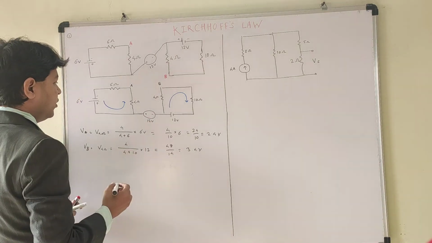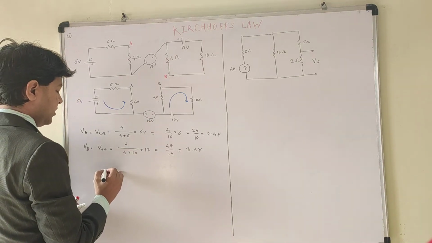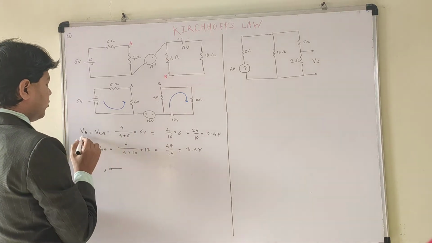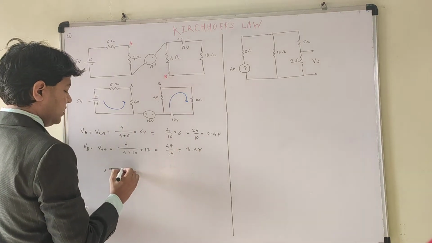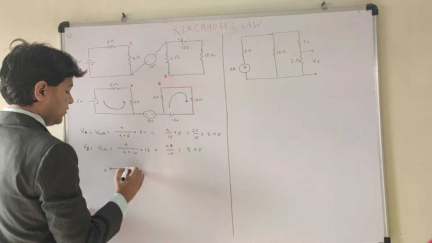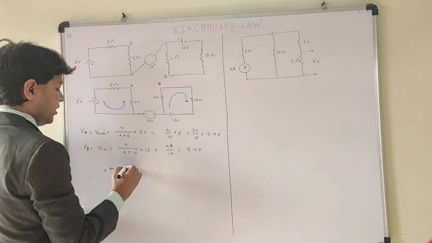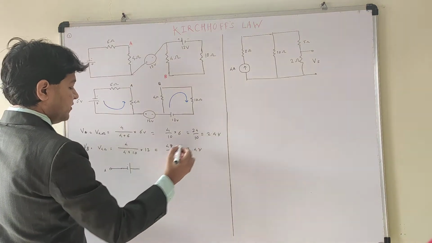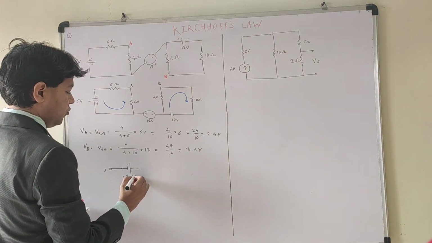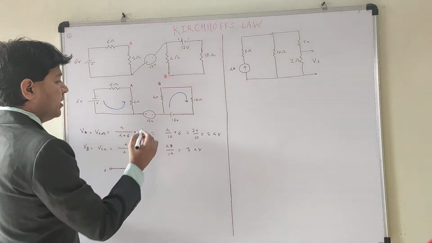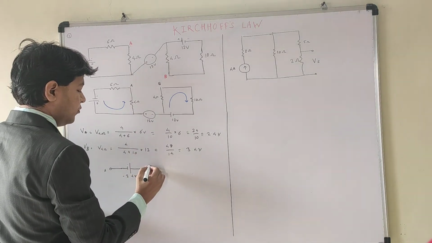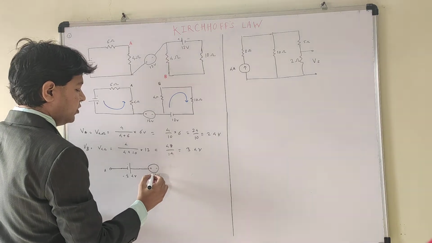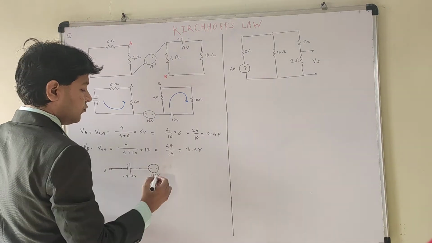So if I reduce this circuit, A is there, and the voltage across VA is calculated from negative polarity to positive polarity, so this 2.4 volt is coming minus. This 12 volt is as it is, positive to negative, so this will come plus 12 volt.